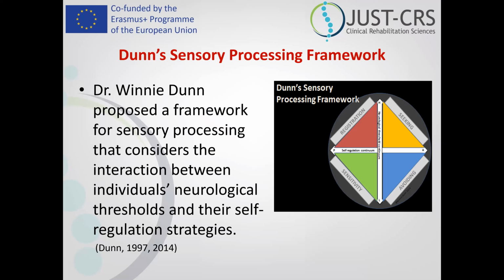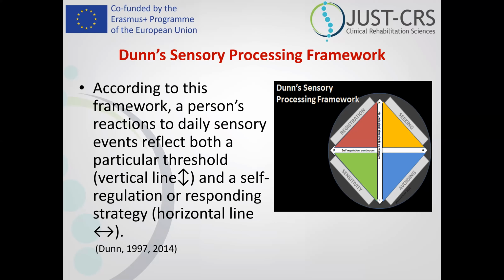So it considers the interaction between the neurological thresholds and the regulation strategies, or self-regulation strategies. As we look into the framework, it shows two continua, one horizontal and one vertical. The vertical line is the neurological threshold continuum, and the horizontal line is the self-regulation or responding strategy line.